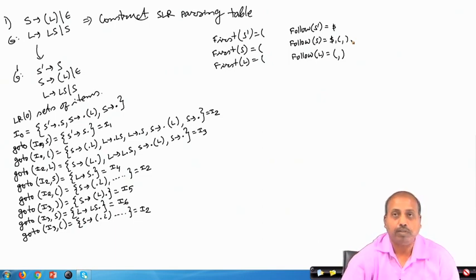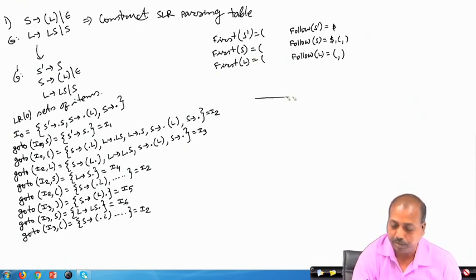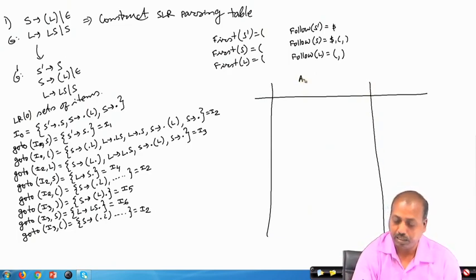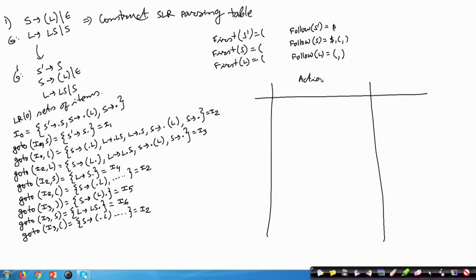Next I have to find out the parsing table. For making the parsing table, we will have two parts, the action part and the go to part. So, this is the action part and this is the go to part.